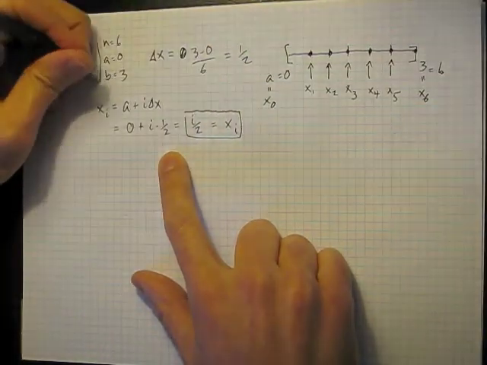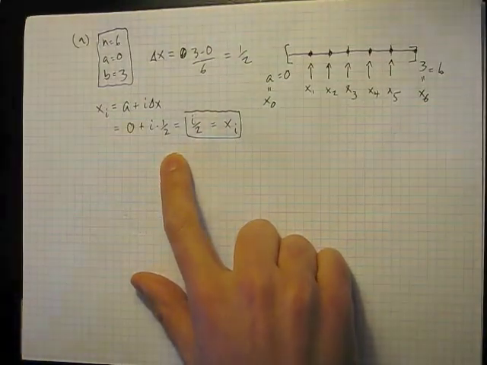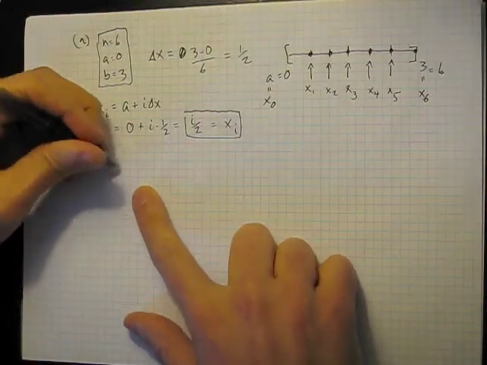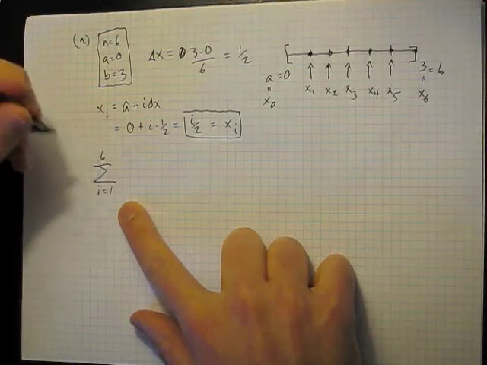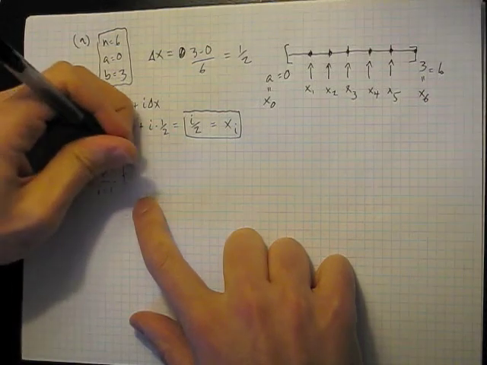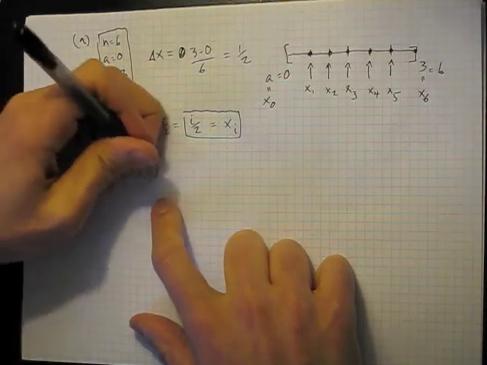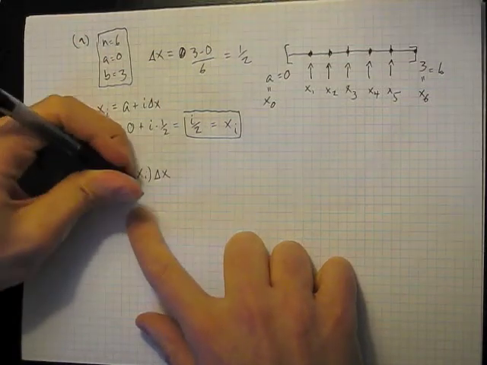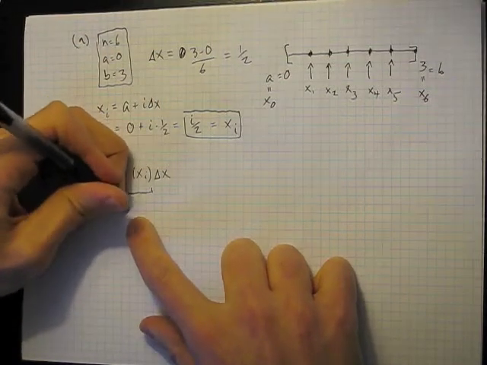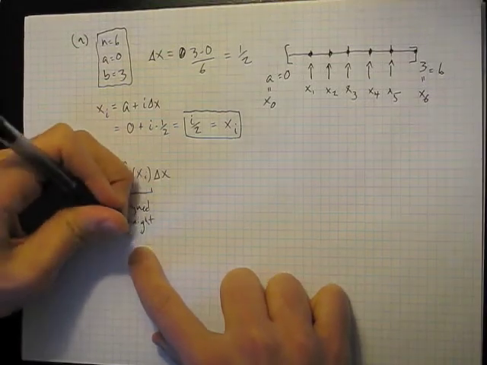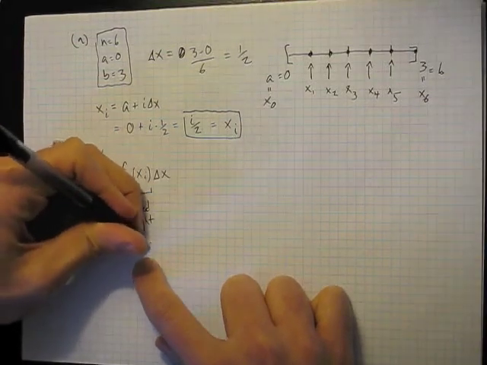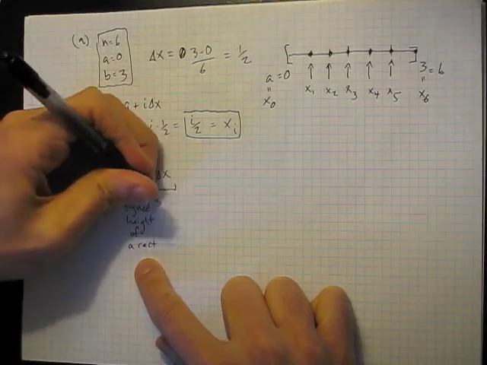So we've got our a and our b and our 6 and our xi. So if we want to sum up the areas of these, we write down, we're summing from 1 to 6, and we're taking f of xi times the width. So this is the signed height of a rectangle, and this is the width of a rectangle.